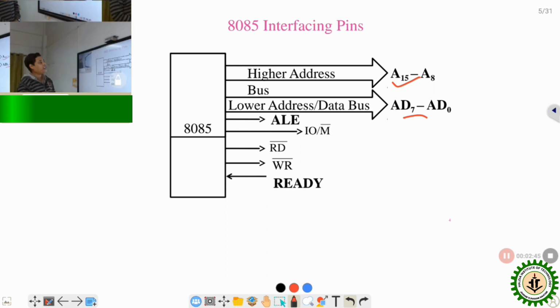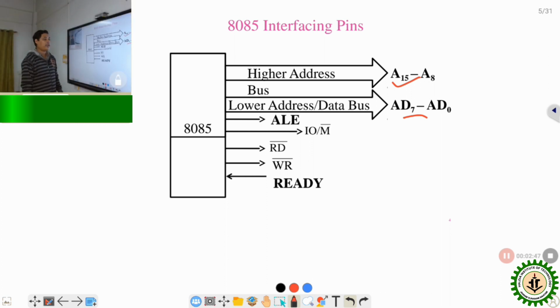In addition, it requires a few control signals, namely ALE, which stands for address latch enable, the IO/M bar line, RD bar line, WR bar line, and the ready signal.